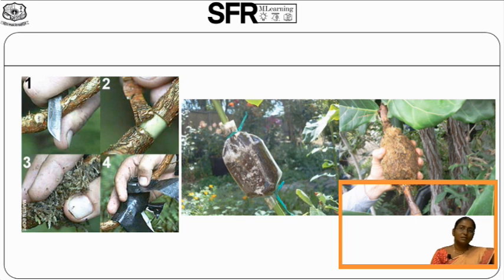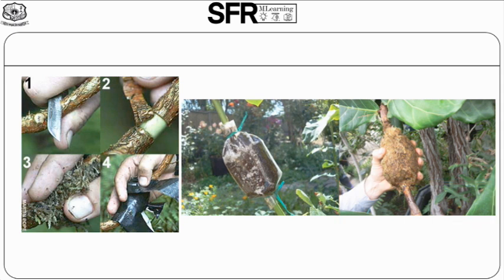It has to be tightly packed in that region. The reason for using sphagnum moss or compost is that it supplies nutrients and also retains moisture.